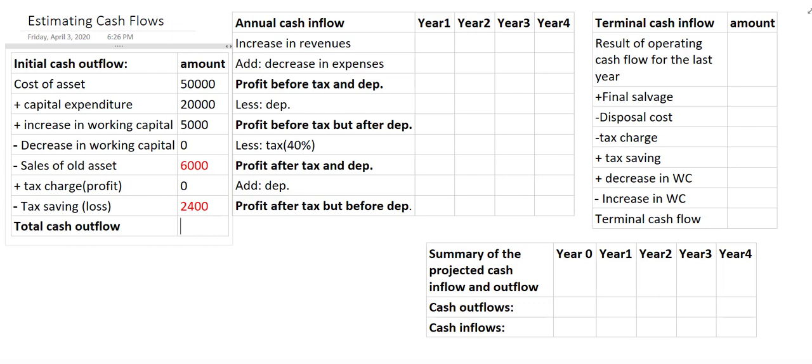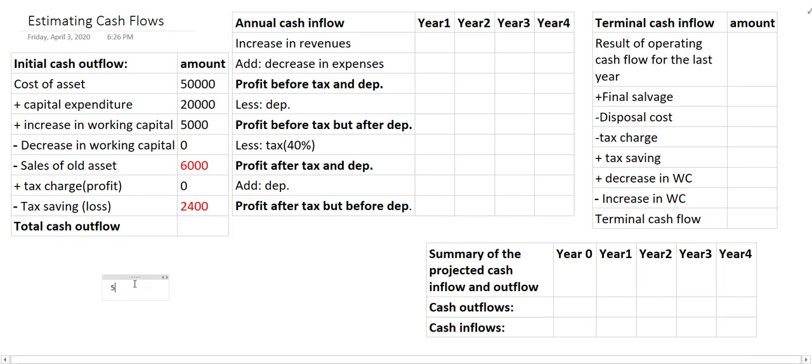So let me calculate it here: 50,000 plus 20,000 plus 5,000 minus 6,000 and minus 2,400, right? Which becomes equal to how much?